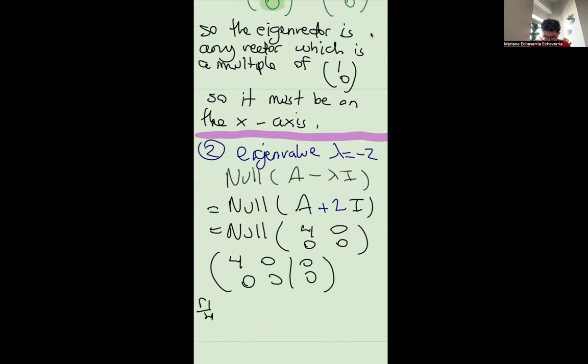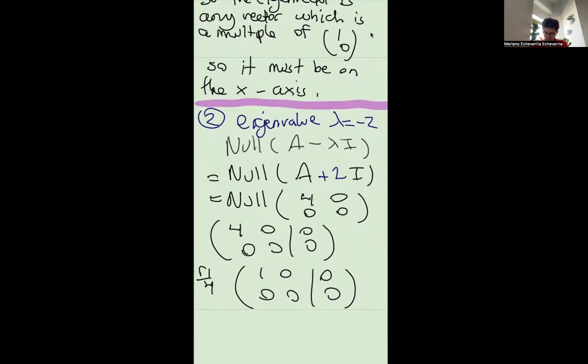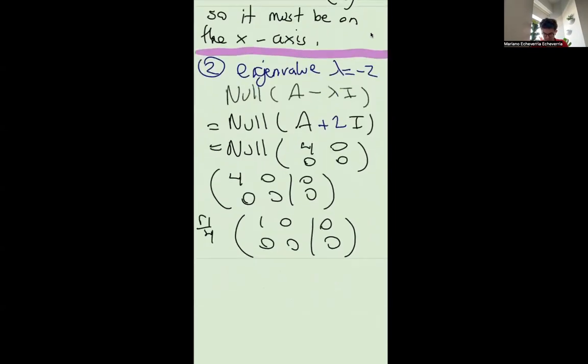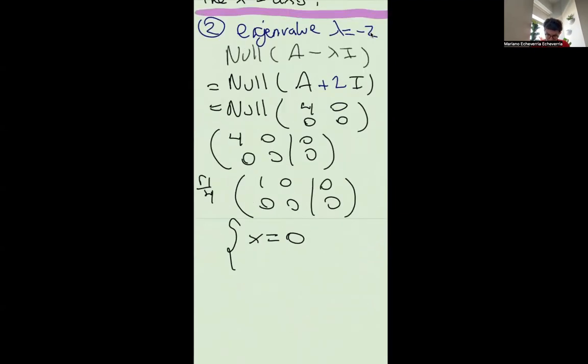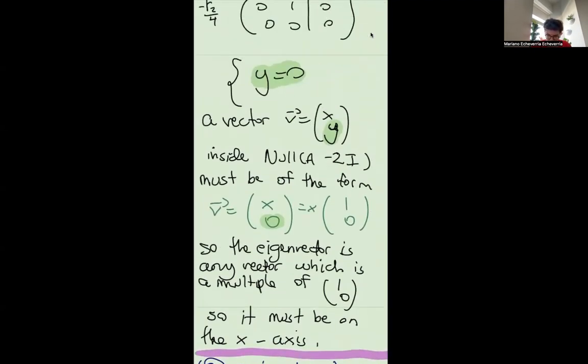So you can do row 1 over 4, and then you get 1, 0, 0, 0, 0, 0. And so in terms of a system of equations, I just get x equals 0. So that means that the eigenvector, so let me see how I wrote this here.